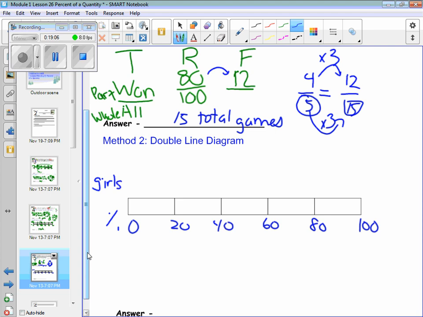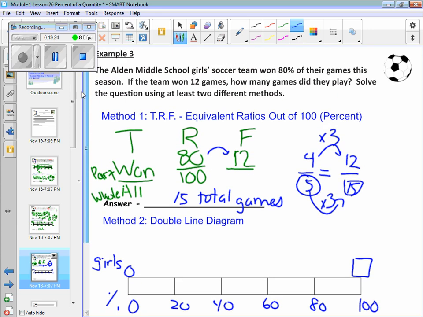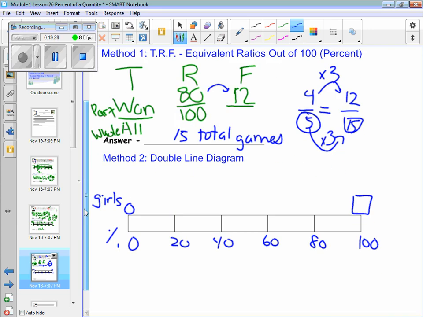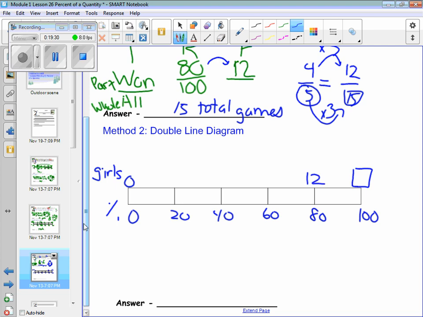I know my games have to go from 0, but I don't know what the ending number is. This is the number that we were trying to figure out, the whole. But I do know this. I know, because they tell us in the problem, that 80% is 12. So I'm going to go to my 80, and I have my 12. This is what's given to us.